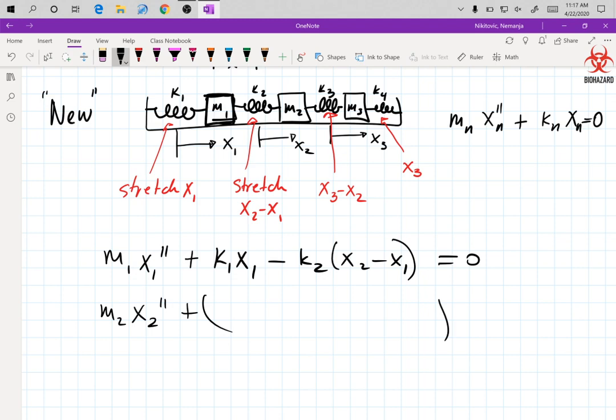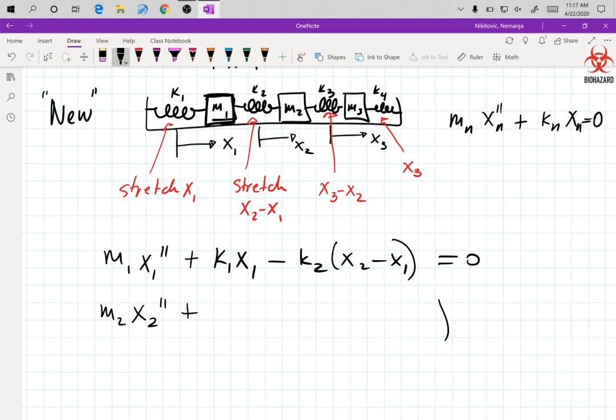So k2 and k3, the spring with spring constant k2 and the spring with spring constant k3, are the two springs that are connected to the mass 2.